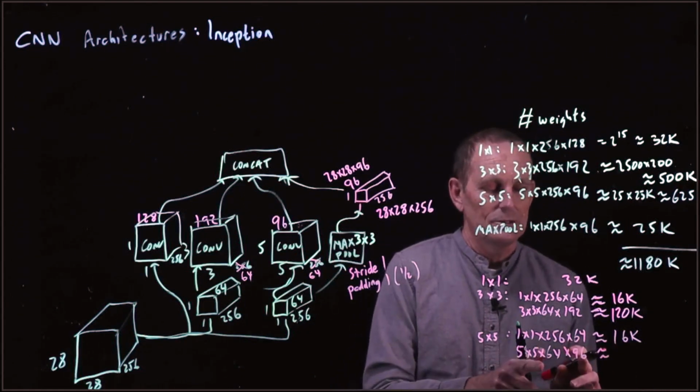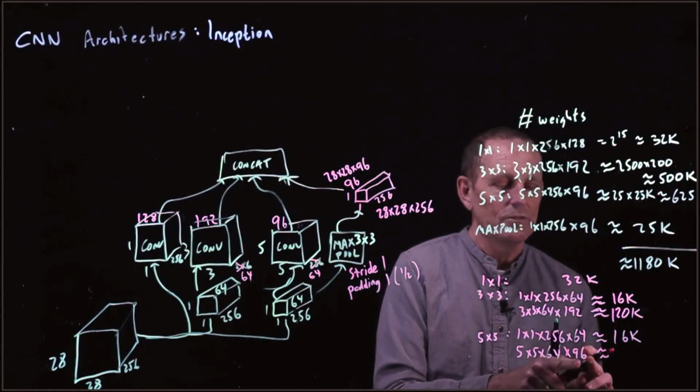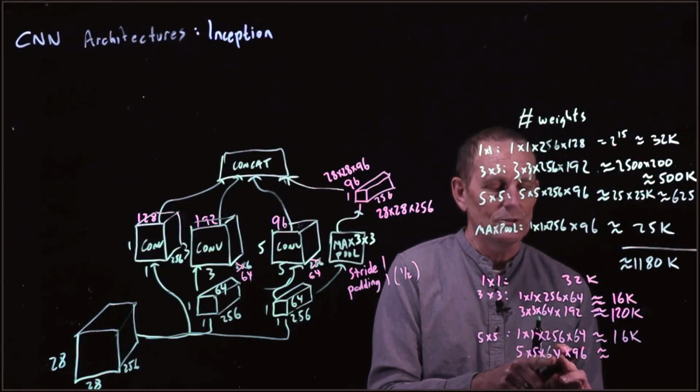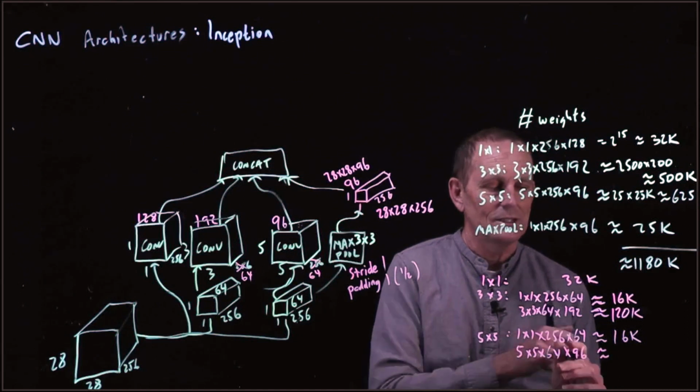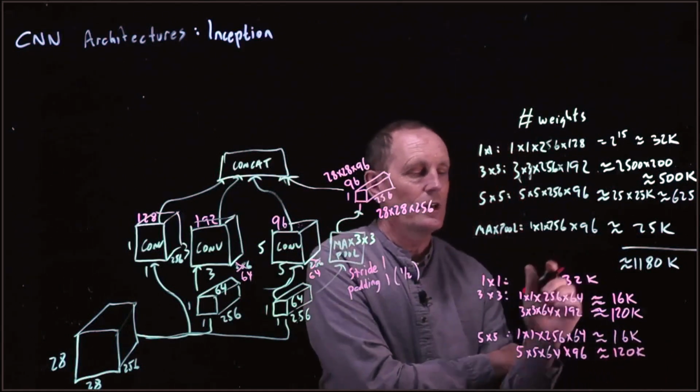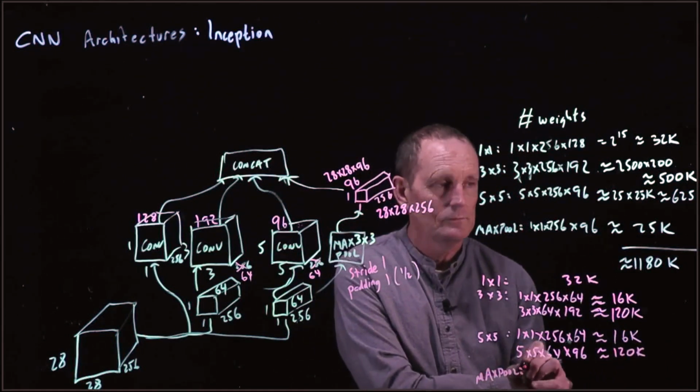So this is about 2,500 times 60. So that's 2,500, about 25,000 times 6. So that's about 120,000. And then we still have our max pool at about 25K.